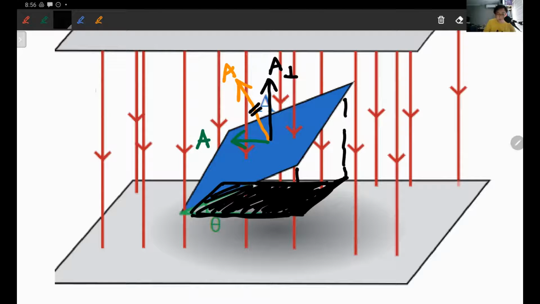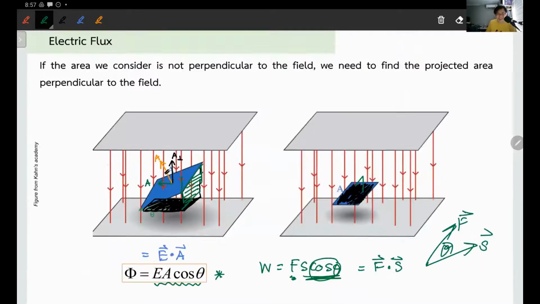Look at the green. If the green is your area vector, the actual area for that green vector is going to be perpendicular to it. I don't know if I can draw this properly. Here we go. There. Is it a good one? I hope it's good.